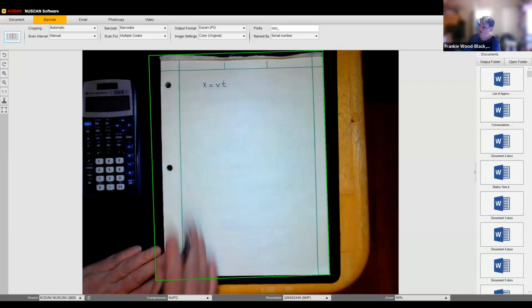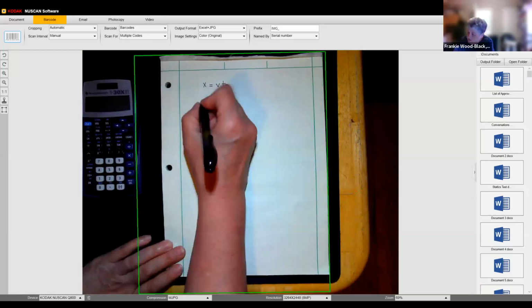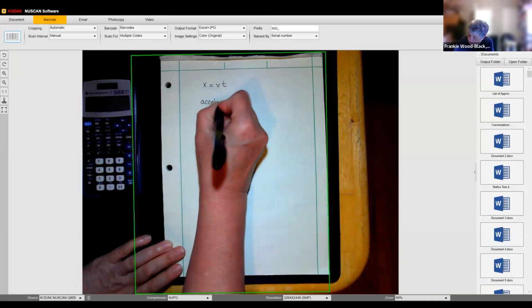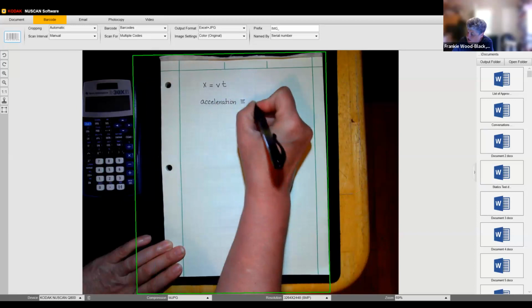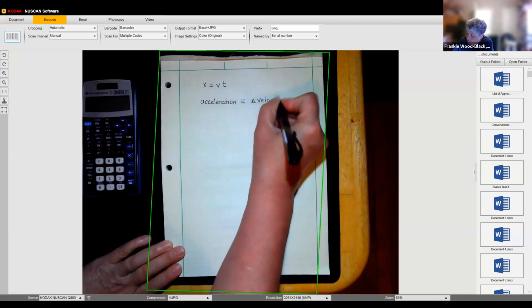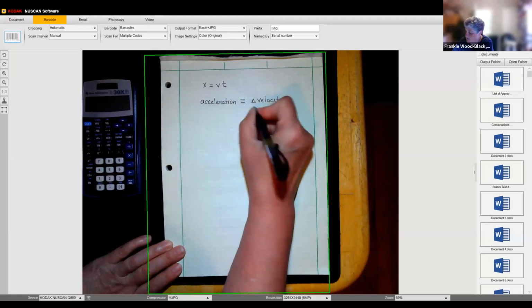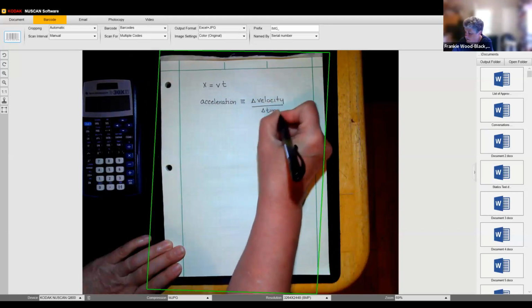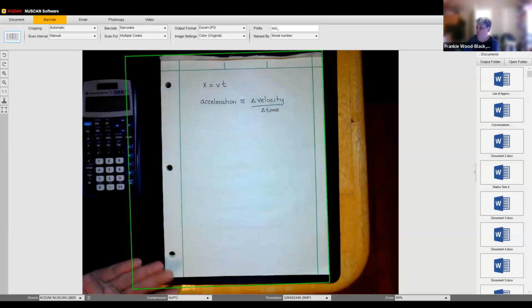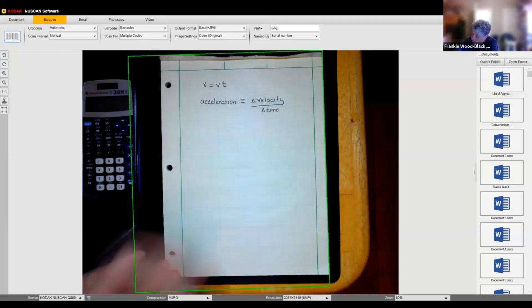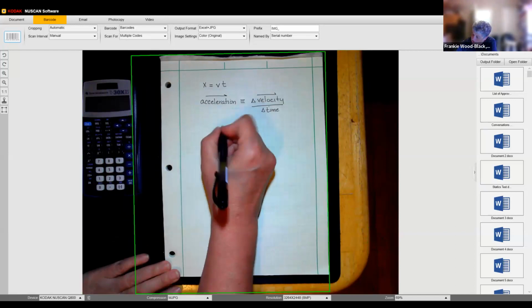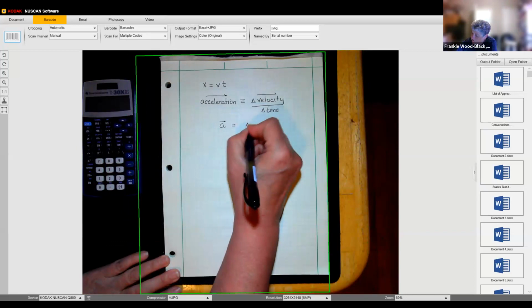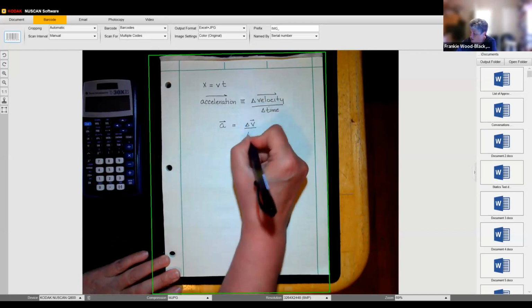So now we can define acceleration. Acceleration is defined as a change in velocity with respect to time. Acceleration is also a vector and velocity is also a vector. So this is going to look like a is equal to my change in velocity over a change in time.